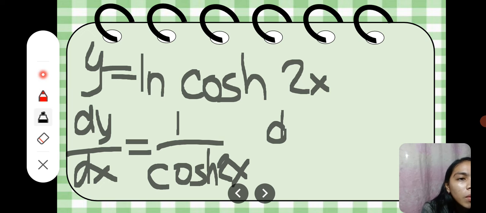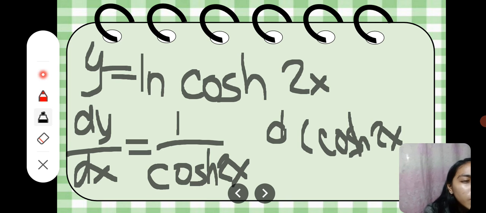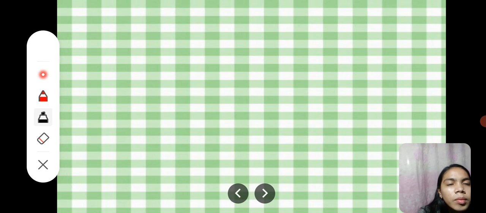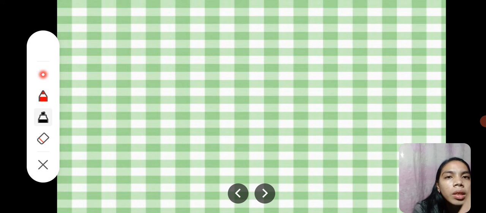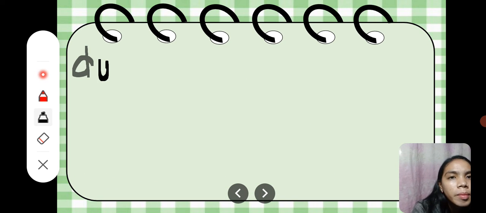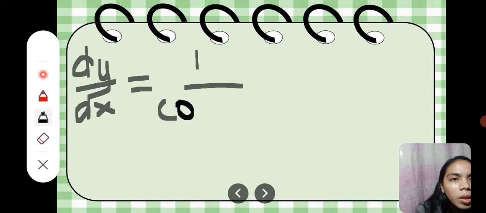So we need the derivative of hyperbolic cosine 2x with respect to x. The next we will do is dy over dx is equal to 1 over hyperbolic cosine 2x.